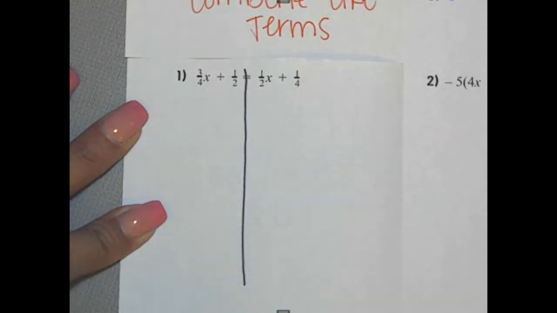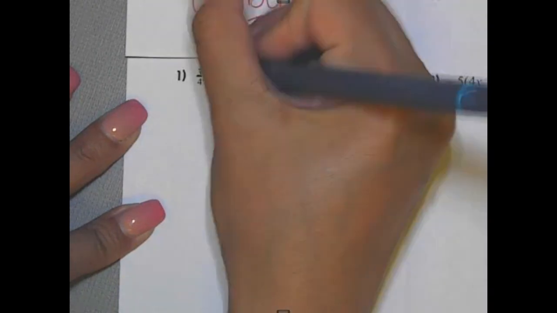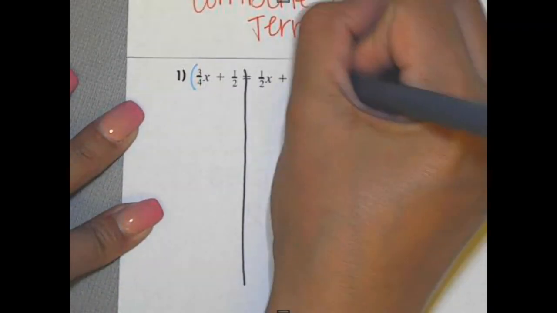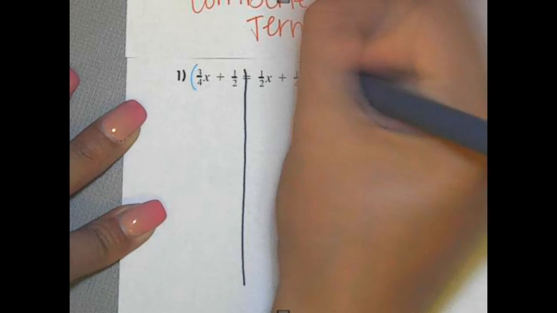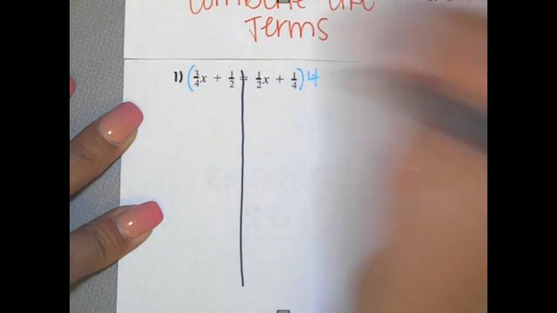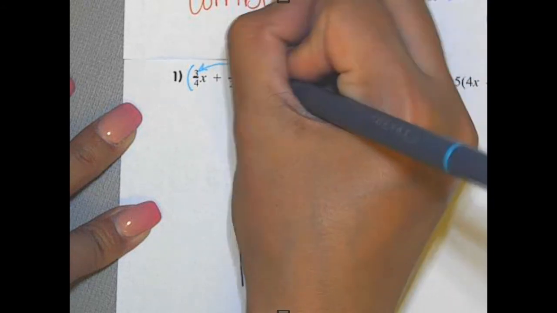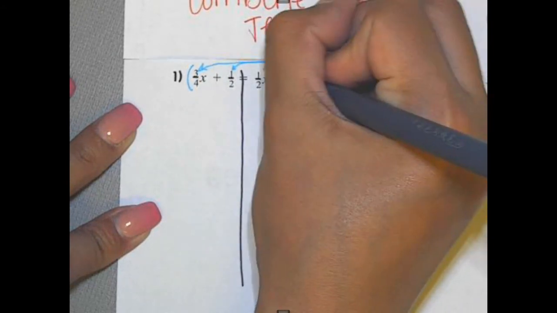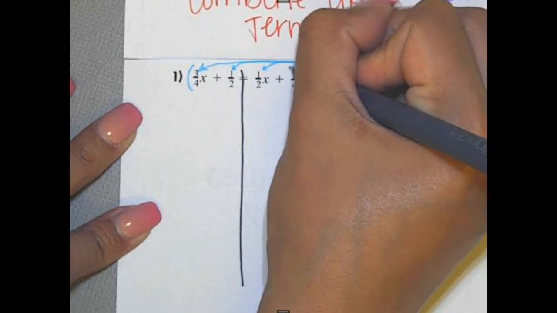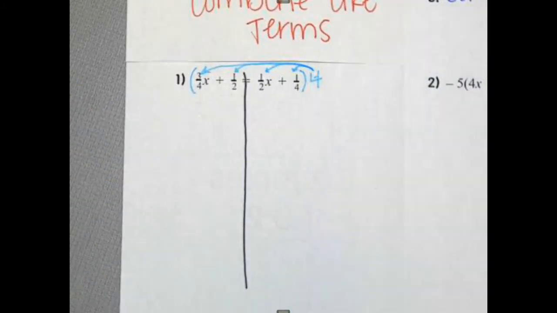Okay. So, like I said, I'm going to multiply every single number in this equation by 4 so that I can get rid of all of my fractions.